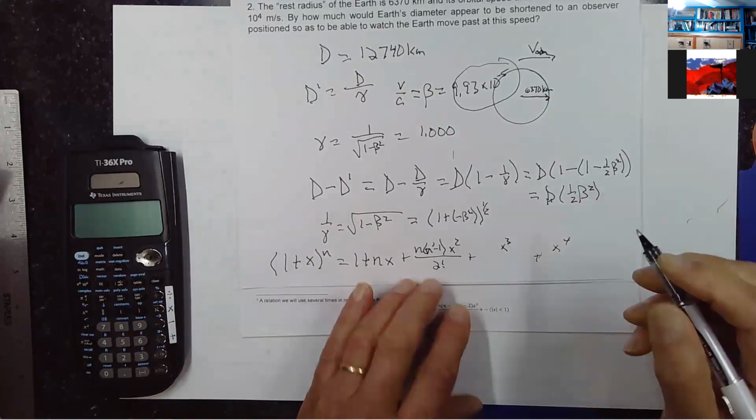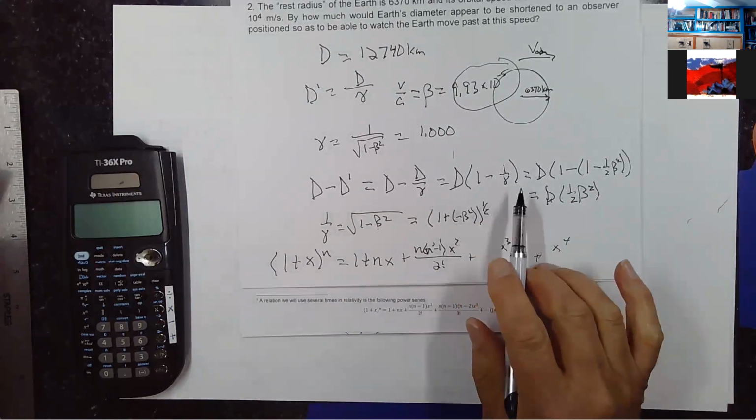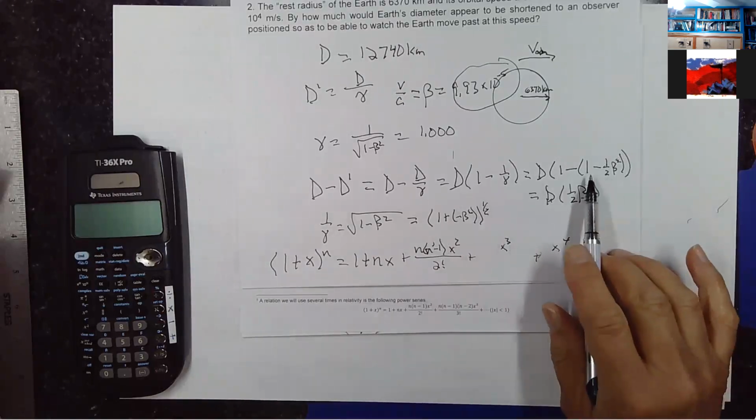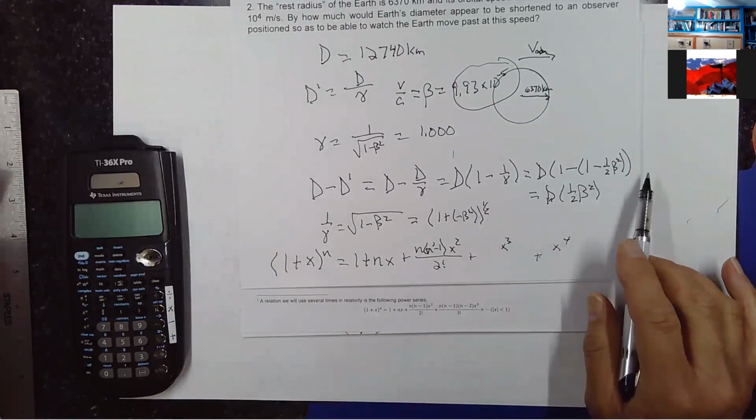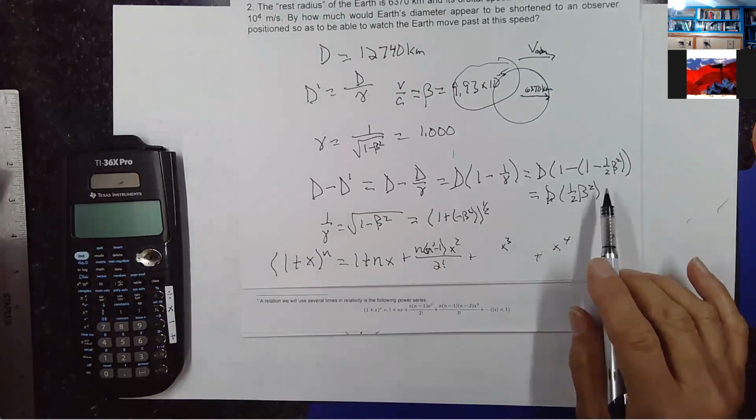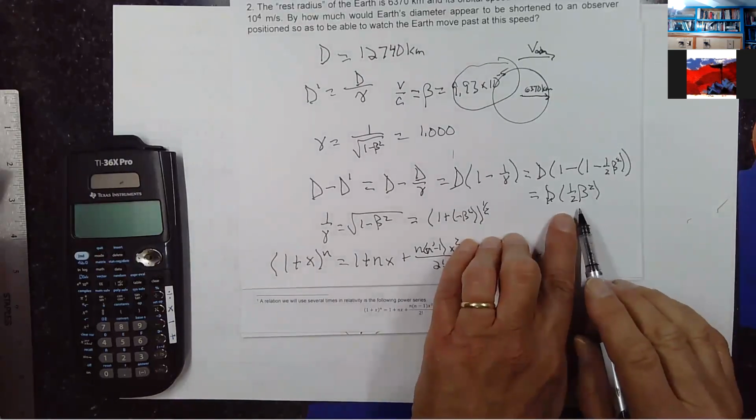So I approximated the 1 over gamma with just 1 minus 1/2 beta squared. And if I included the next term, it's not going to be enough to matter, but this is enough to try and figure it out.